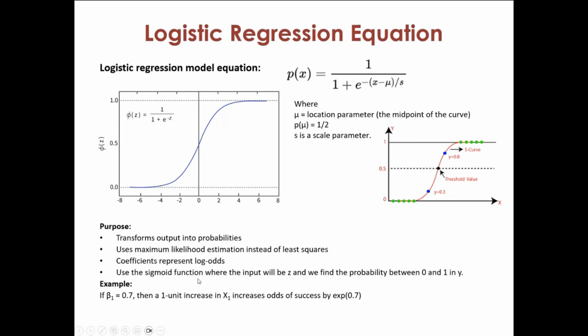And then the estimate function where the input will be z, and we find the probability between 0 and 1 in y. For example, if beta 1 is 0.7, then a 1 unit increase in x1 increases our odds of success by exponent 0.7, because we are using a log for this.